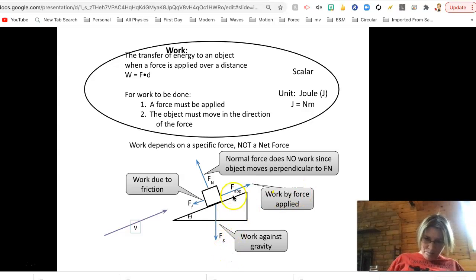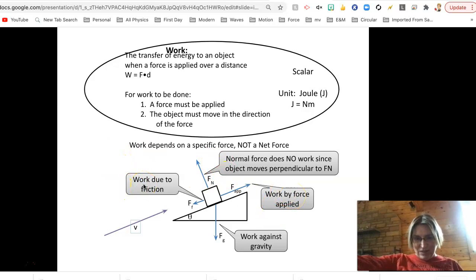There's the work done against gravity, if we're talking about the force of gravity. There's work done by the applied force. There is work done due to friction. Nightshade's coming over to say hello. And in this case, the normal force does no work because the object is not moving in the direction of the normal force at all. So that specific force can make work problems a little bit more tricky.